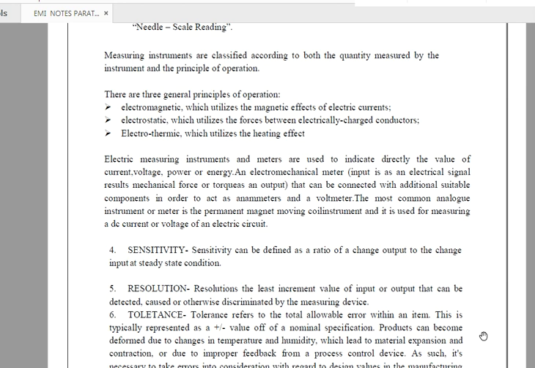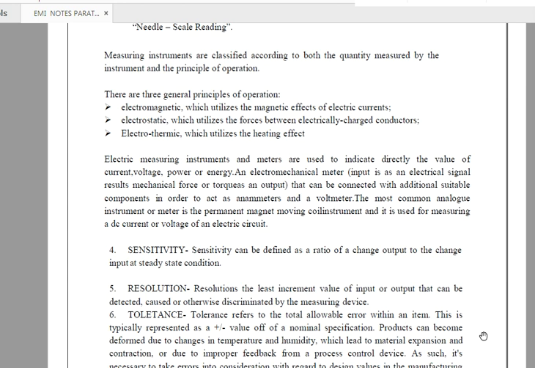Then we will define sensitivity. Sensitivity can be defined as the ratio of a change in output to the change in input at steady state conditions. At steady state conditions, the ratio between the change in the input and the output defines the sensitivity of the instrument.